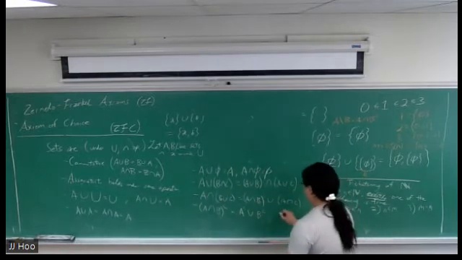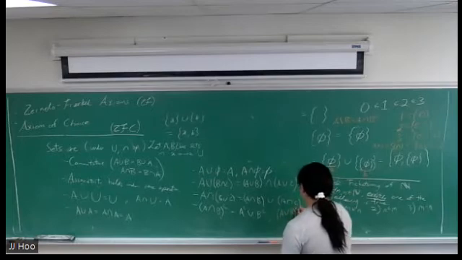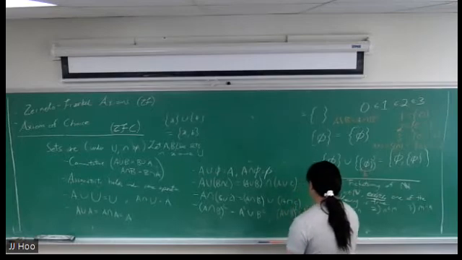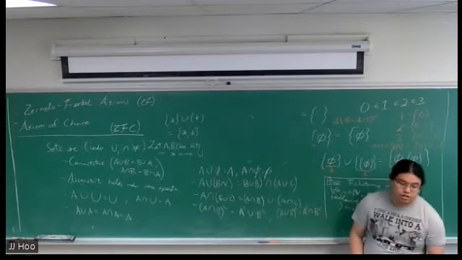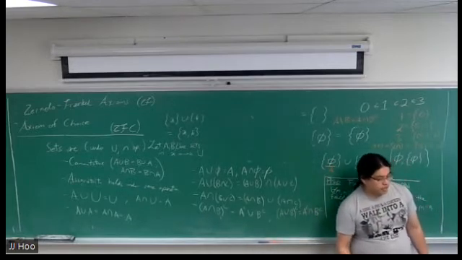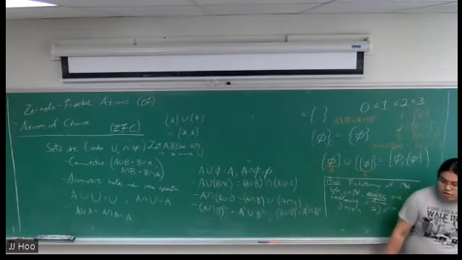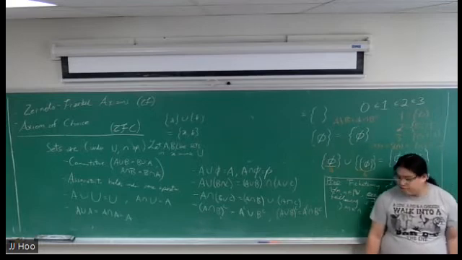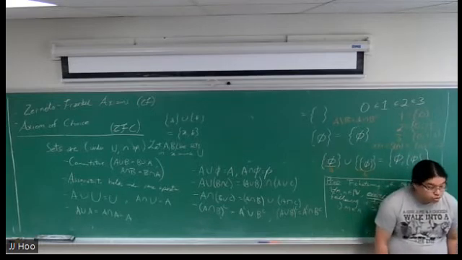And same here, if I have A complement intersect B complement. So these are some properties of sets that we should be okay with, right? These are all things that come out of just the strict definition of our operations, but there are things that just always hold true.